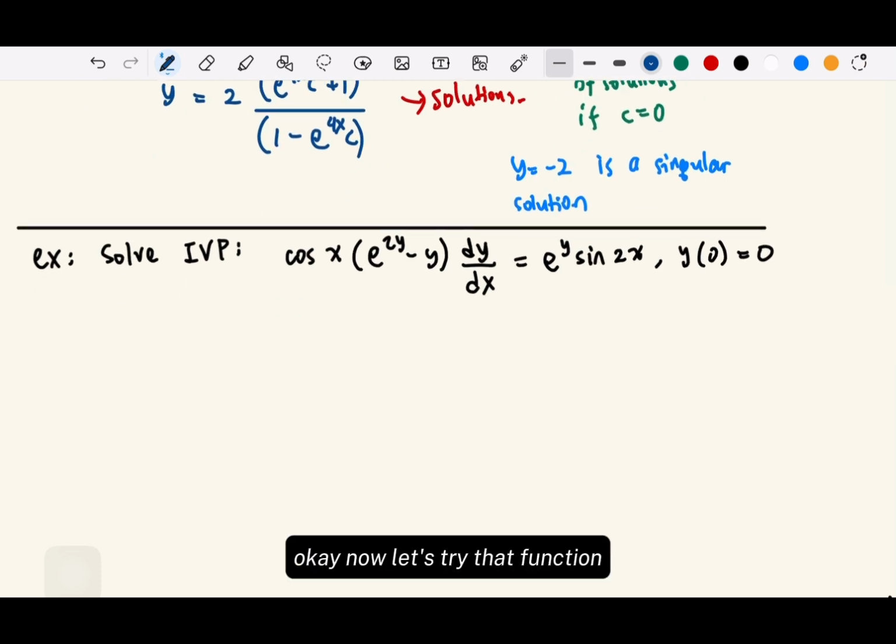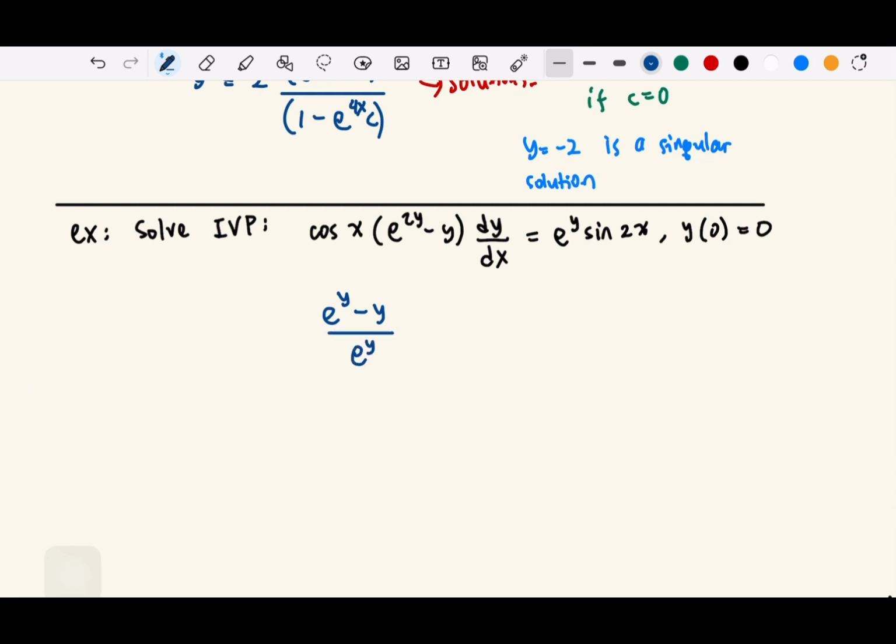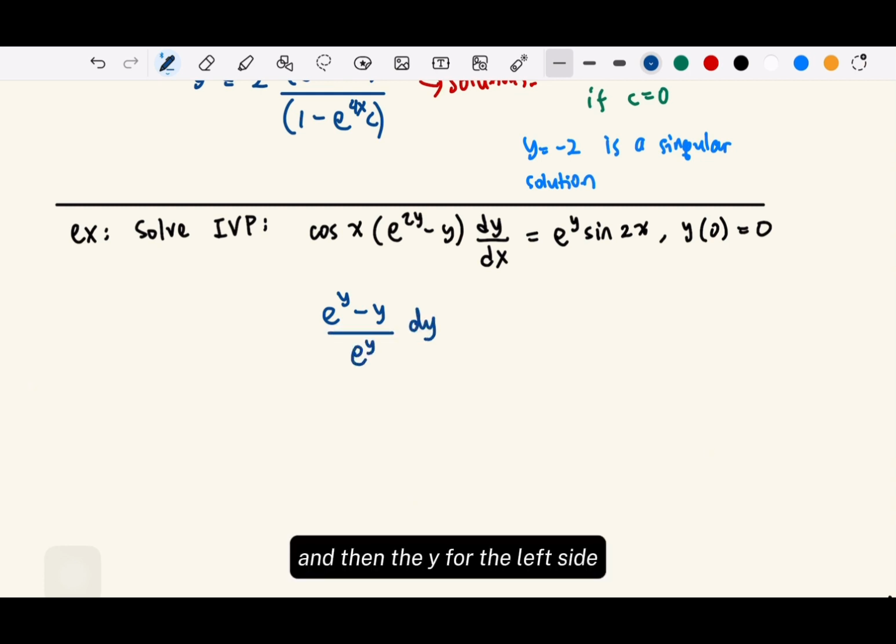Okay, now let's try that function. So we could take this, okay, and then divide by e to the power of y, and then dy, okay, for the left side.